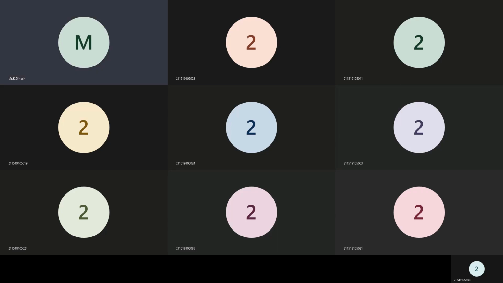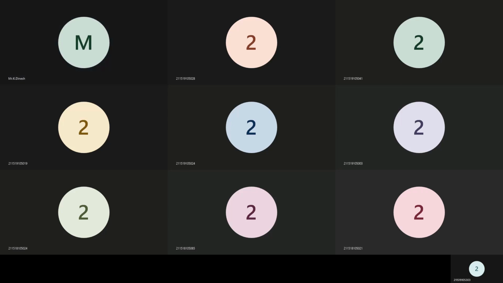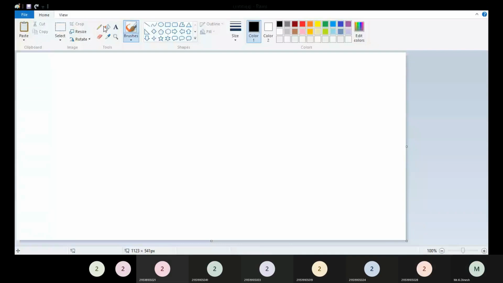I hope the screen is visible to everyone. First, we need to find the per unit impedance.